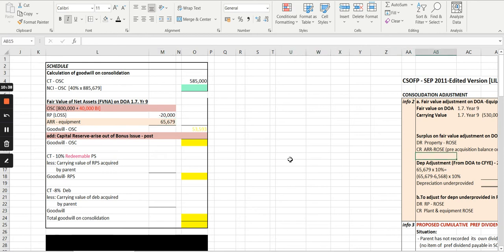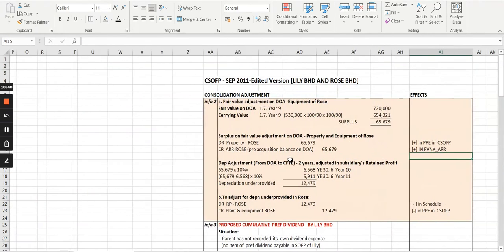At the same time, this figure of 65,679 that you debit to the property will have to be added to your PPE, as part of the consolidation adjustment. That will be done later in our consolidated statement of financial position, because when you debit, it means you need to add to the adjustment. So that is the first thing.